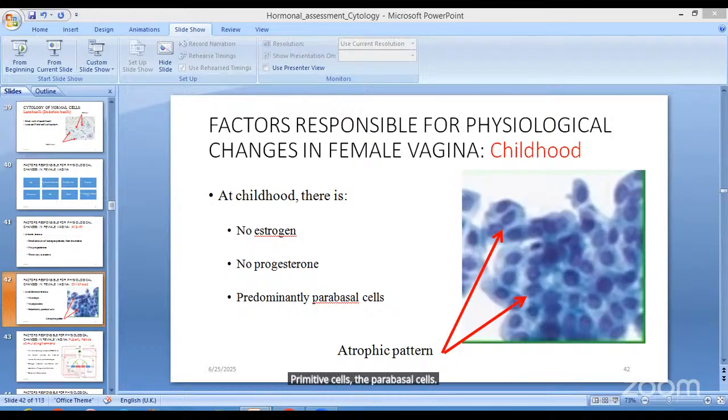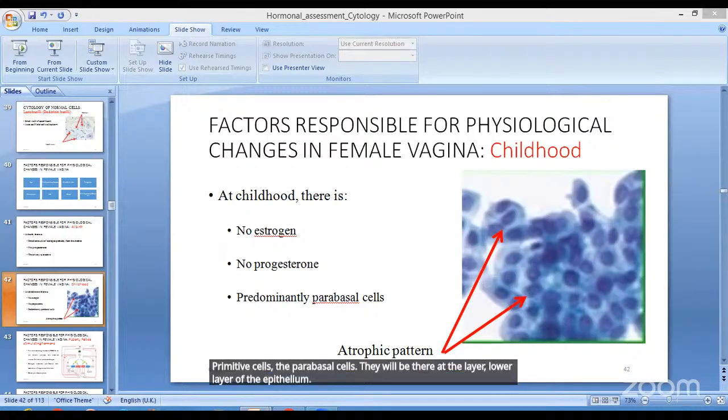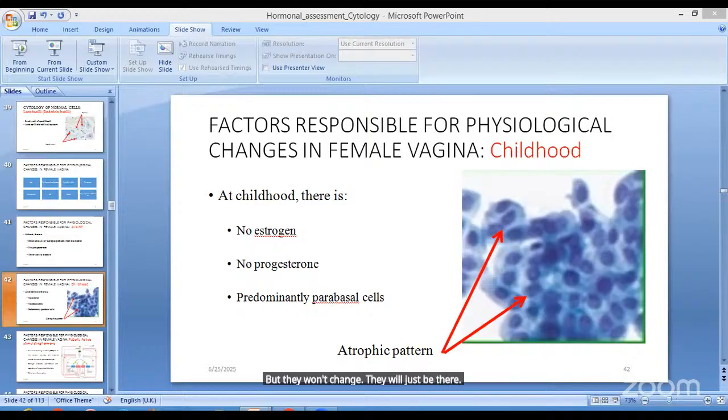They will be there at the lower layer of the epithelium, but they won't change. They will just be there because what will change them hasn't come. It will take estrogen to start that process. So the cytological feature is more of parabasal cells at childhood.